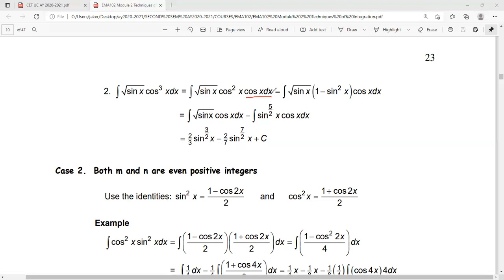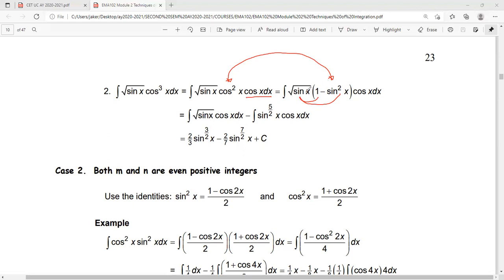So this cosine of x dx that you have set aside will stand as the derivative of your sine x. So you could see here that the cosine squared of x is this one now. It was changed using this identity. After that, the square root of sine x is distributed. So you have here now square root of sine x, cosine of x dx.